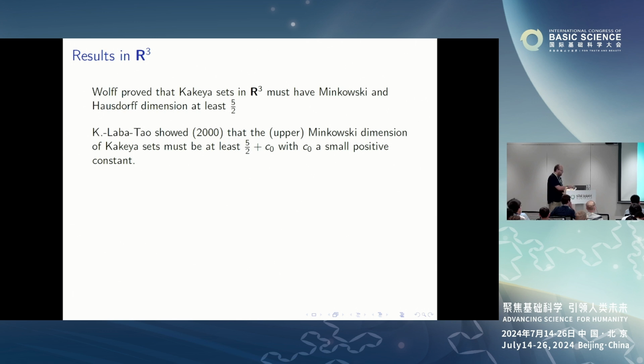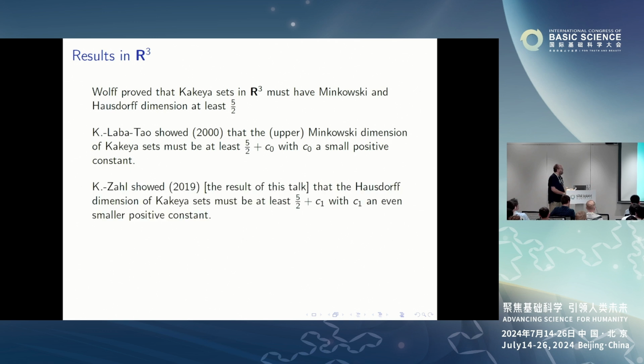But today I'm going to talk about my 2019 paper with Josh Zahl. This is the prize paper, and the result is that the Hausdorff dimension of Kakeya sets in R^3 must be at least 5/2 plus a positive constant, and this positive constant is even smaller.